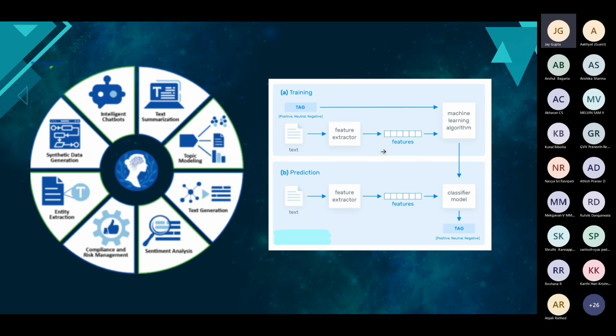Then we have tags, and it's simple supervised training: we have text, we predict the value, then we calculate the loss and try to minimize the loss. In prediction, we have text, we convert it again into a one hot encoded vector, then we do embedding, and then we predict whatever we want to.